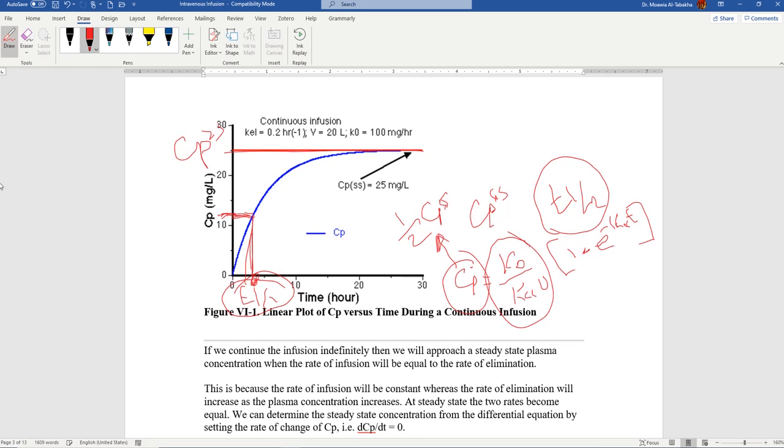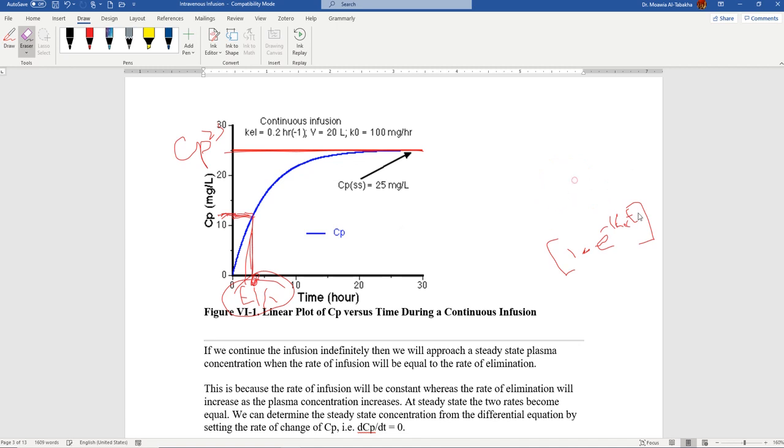Now I can write the equation as follows. I will remove this, and also this, and I will use T half here, and CPSS here instead of K0 over KEL times V, and here I will use 0.5 CPSS. Of course this cancels with this one.